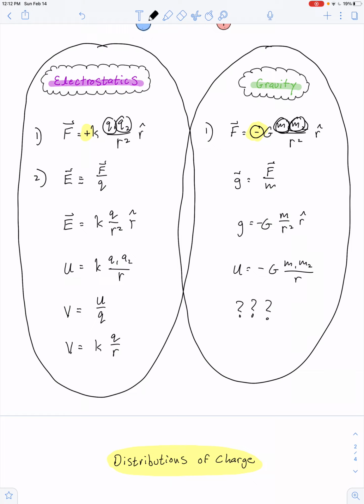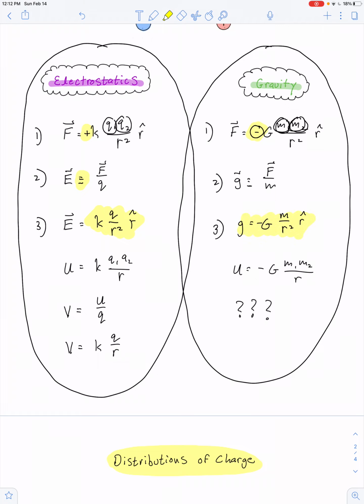Electric field is equal by definition to force per unit charge, in the very same way that gravitational field is equal by definition to force per unit mass. So if that's the case, then electric field from a single charged particle can be solved for as kq over r squared, in the very same way that the gravitational field due to a single massive object is negative Gm over r squared.